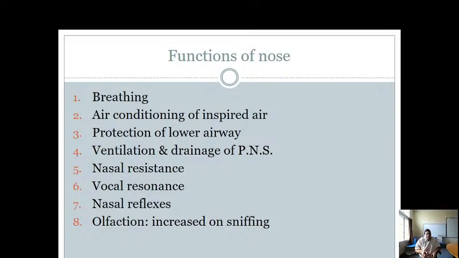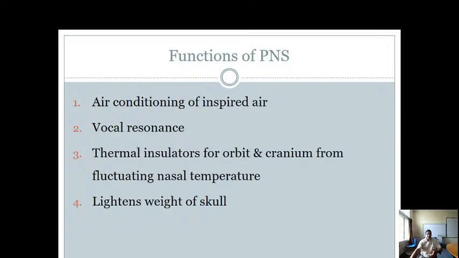Now we'll see how this happens. Now there are various other functions that have been listed here. These are the functions of the nose, and these are the functions of the nasal cavity. We'll try to go into detail one after the other and try to see how the functions of the nasal cavity are being performed.